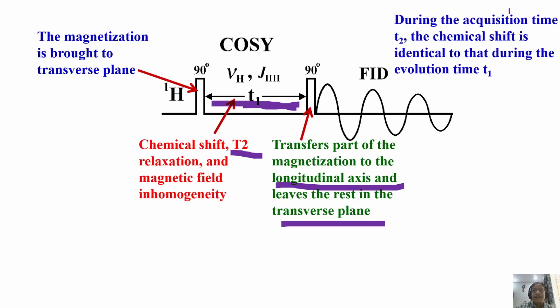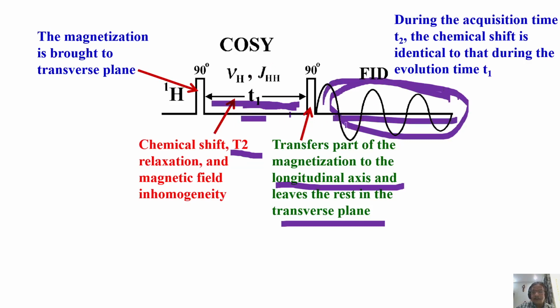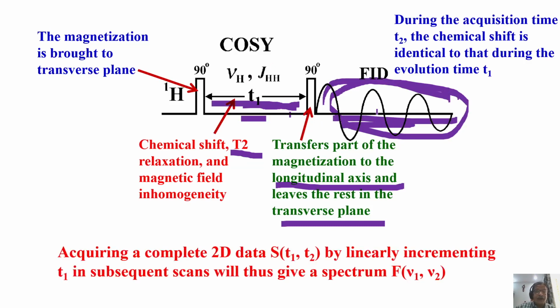And finally, during this period, we acquire the signal. Here, the chemical shift is identical to that during the evolution period. It has evolved, and whatever the chemical shift was for different spins is also retained here, identical. So now what we do is increment the T1 points and acquire a complete 2D data set in 2 dimensions.